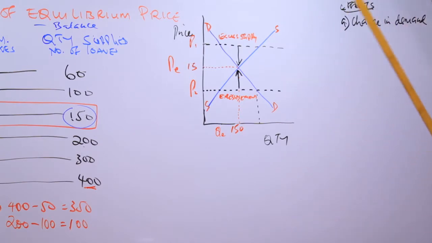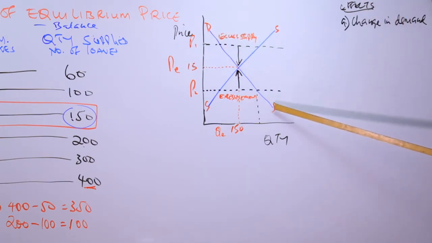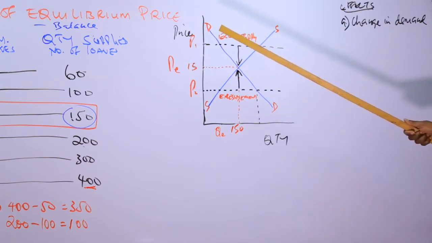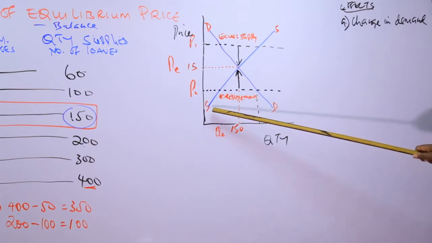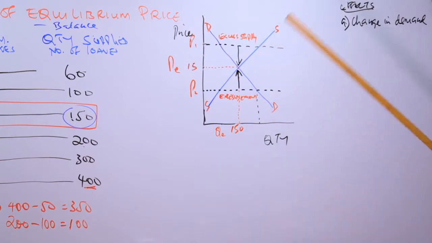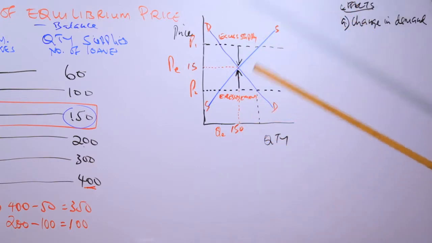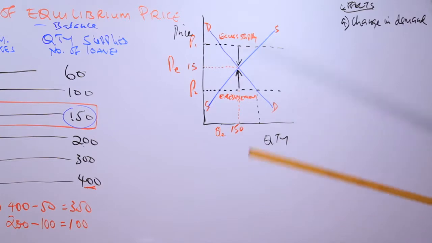In a normal situation where the demand curve slopes downwards to the right and the supply curve slopes upwards to the right, an increase in demand will result in an increase in equilibrium price and also the equilibrium quantity.